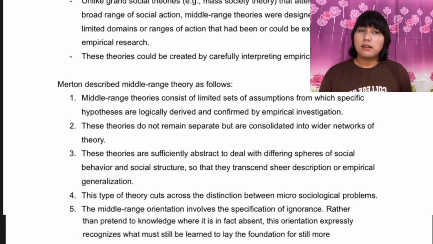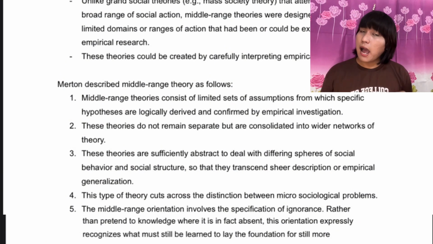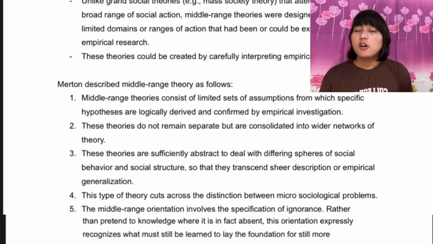Fourth, this type of theory cuts across the distinction between microsociological problems, and the middle range orientation involves the specification of ignorance rather than pretend to have knowledge where it is in fact absent. This orientation expressly recognizes what must still be learned to lay the foundation for still more knowledge.